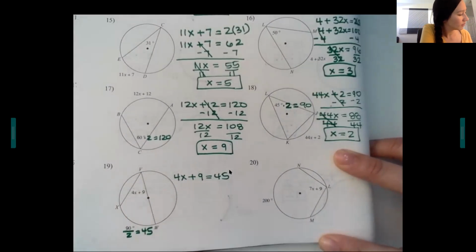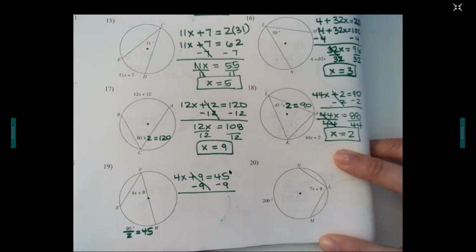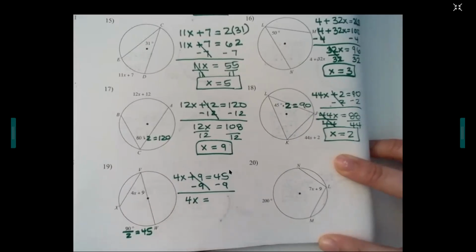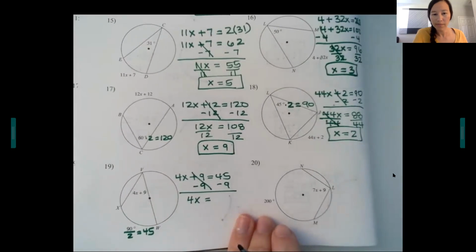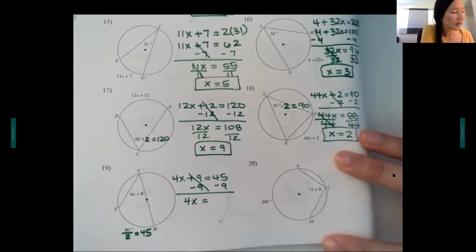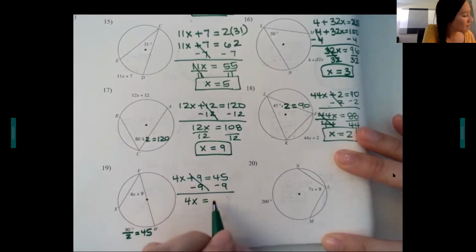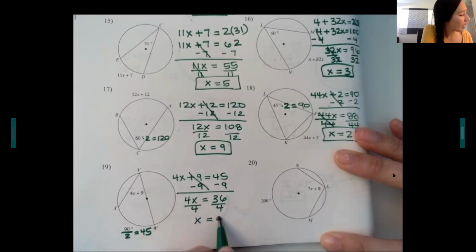Then I subtracted both sides by 9. We might have lost Jose. Jose, are you there? I think we're losing you. So I'll just go ahead and finish. So 4x equals 45 minus 9, which is 36. Then we would divide by 4, and x equals 9.